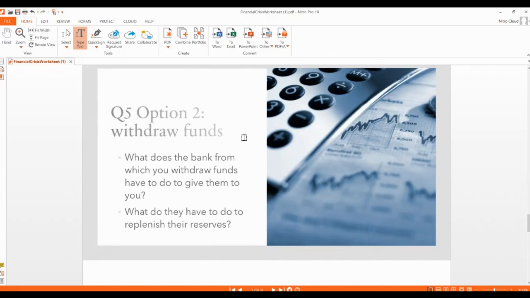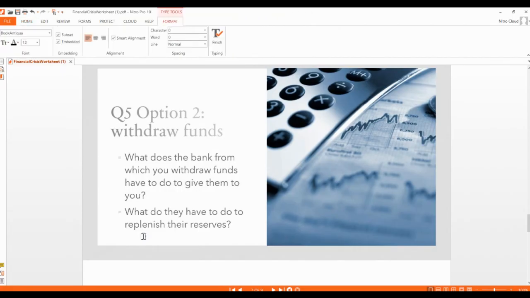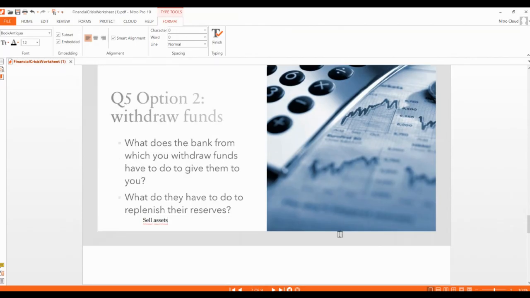Everyone is busy trying to shore up their liquidity and their capital. So they would probably have to sell assets. And so in this case also, there's this additional pressure: lots of banks selling assets to try and top up their reserves. That means further pressure on asset prices going down.